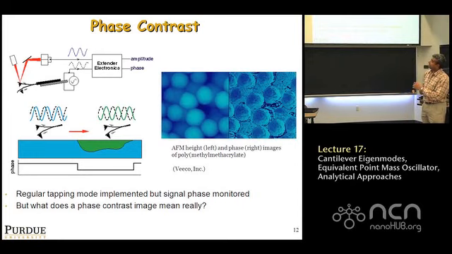The idea of phase contrast is simply that you're looking at a drive signal that's going into the piezo that's shaking the cantilever, correct? That is shown by the dotted sinusoidal wave. That's the drive signal to the cantilever. What you're measuring out of the photodiode is the solid blue or green line.